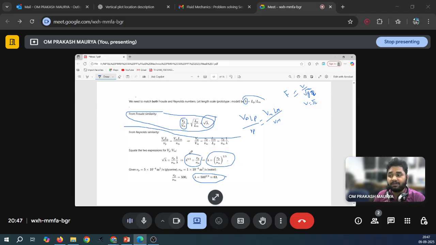So remember here, whatever we have assumed, lambda is Lp by Lm, so those things we have put here. And this was your equation 1 from the Froude number. This was your equation 2, Vp by Vm, and then equate, and after that you will get the answer.